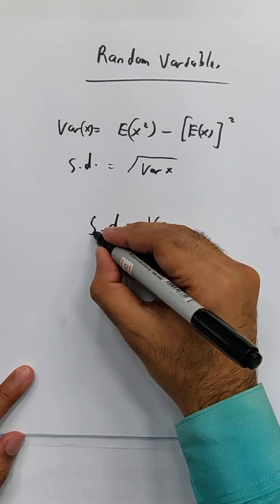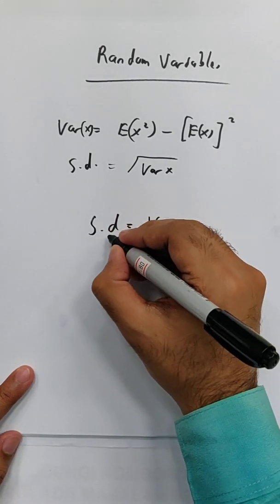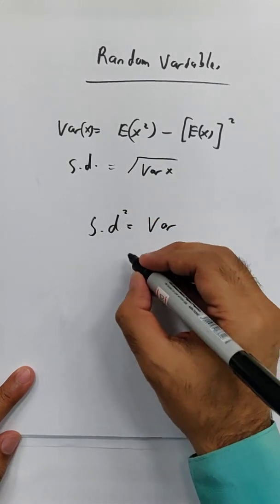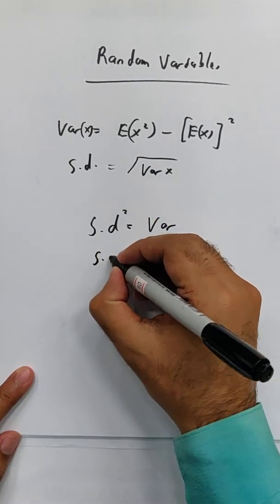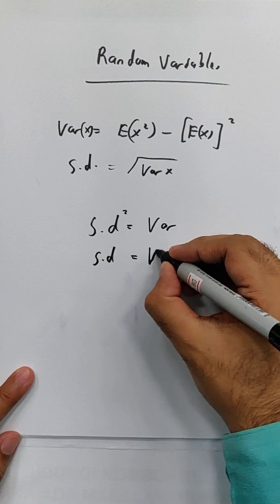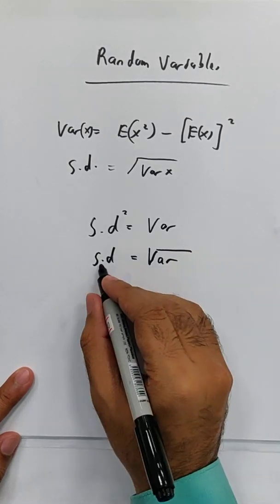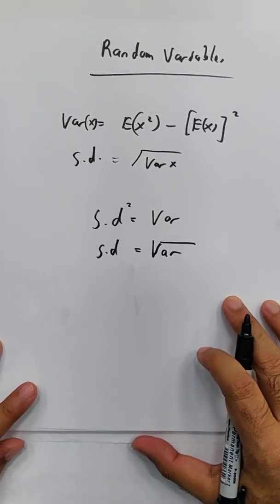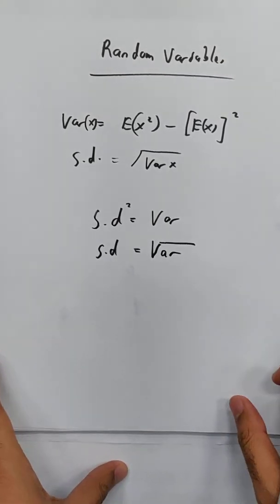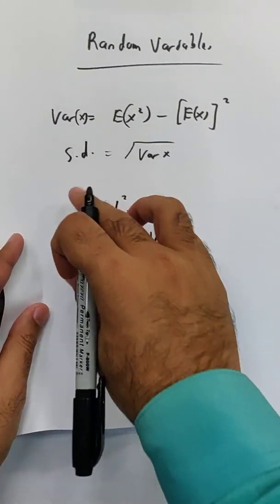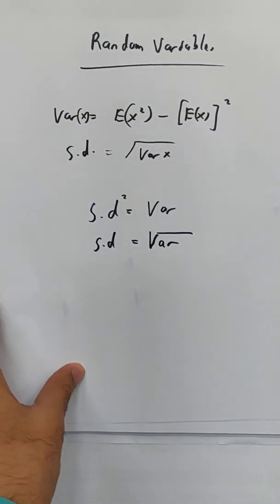Either you remember that standard deviation is 2 letters, so SD squared equals variance, or you think of the V in variance as a square root. Square root of a variance, you got yourself a standard deviation. That's a quick way of memorizing this. I came up with this. I'm not sure other people use the same thing.